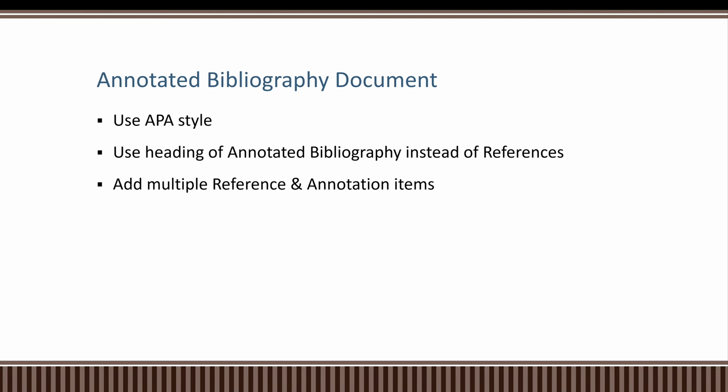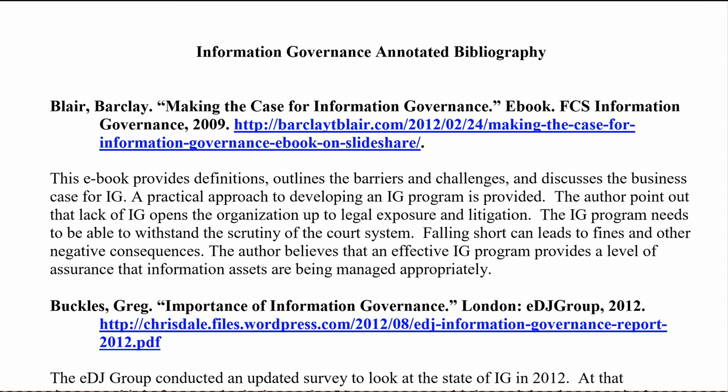You'll have a document much like your traditional reference document that appears at the end of your research paper. It will use APA style, but you'll have a heading of annotated bibliography instead of references. And you'll have multiple reference and annotation items. It might look a little bit like this. You'll have your reference, and the bold is optional here, in APA style.